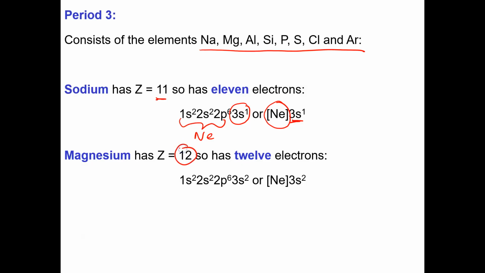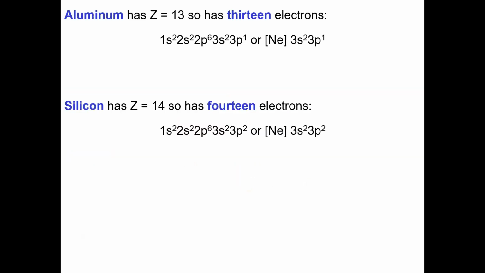Magnesium has 12 electrons, so that completes the 3s subshell because an s subshell can contain at most 2 electrons. Okay, so now we need to move on to the 3p subshell as we begin to fill up from magnesium onwards.